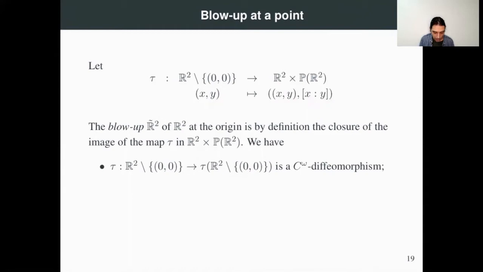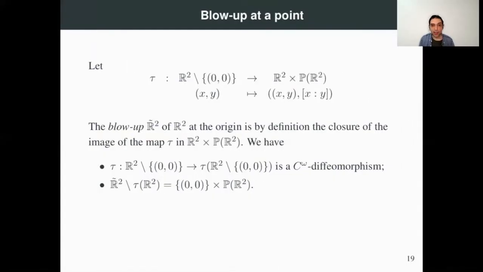So this map tau is actually a diffeomorphism between the complement of the origin in the plane and a real analytic submanifold of R^2 times the projective line. Okay, so essentially outside of the origin, we're not doing anything, as we can expect.